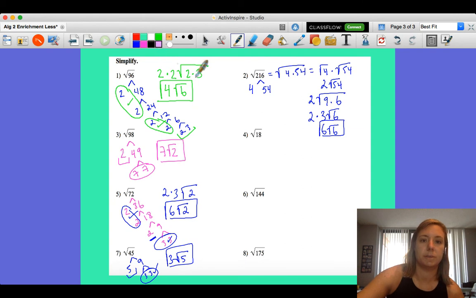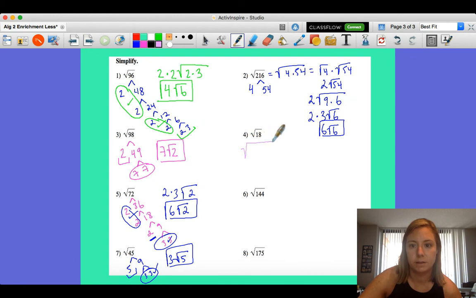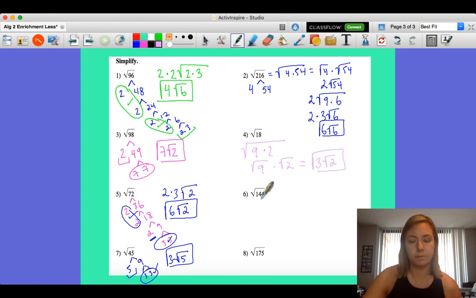Let's finish these up on the right. Square root of 18, let's find the largest perfect square. 9 times 2, right? So that's the square root of 9 times the square root of 2, which is going to be 3 root 2. Oh, what's the largest perfect square here? Isn't that a perfect square?